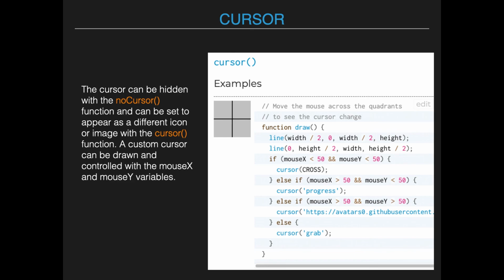So that could really enhance your project without much effort. This amount of code on screen, if you go to the cursor example on the website, each of those four quadrants is a different cursor. So that amount of code is for four different cursors.